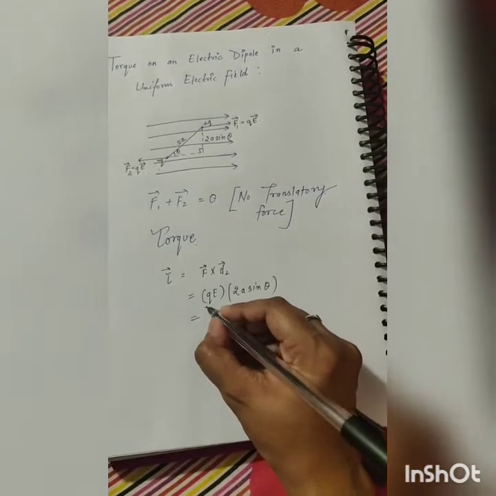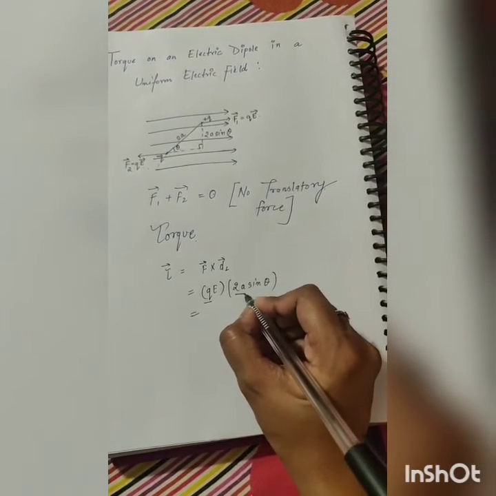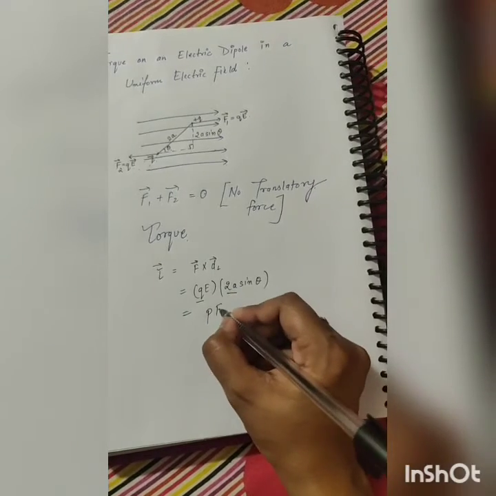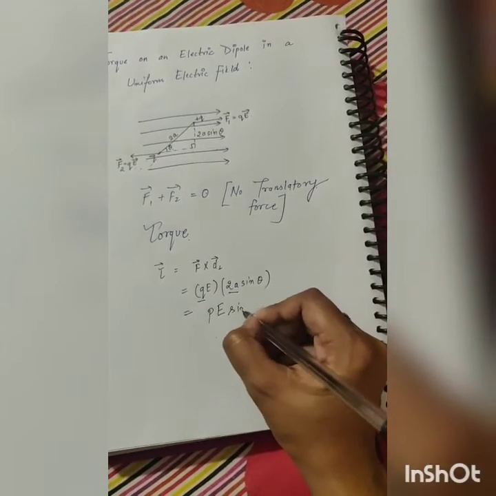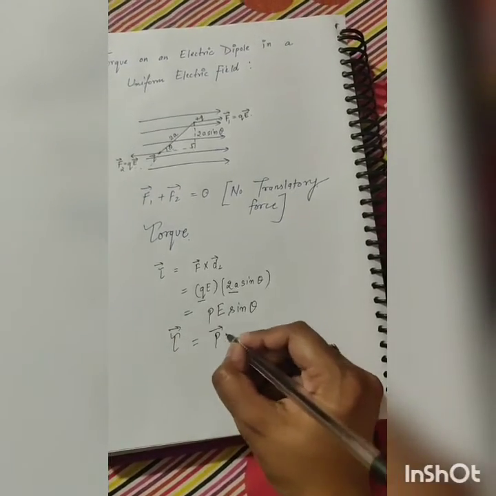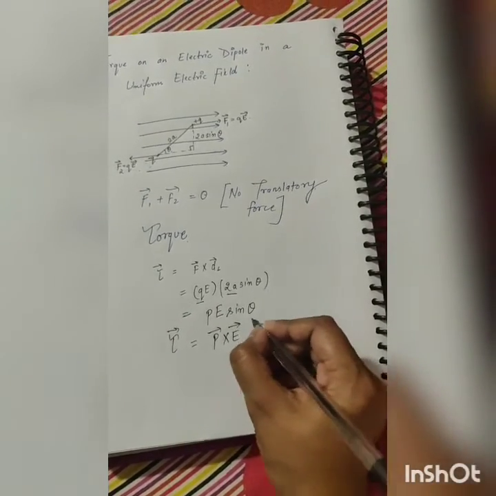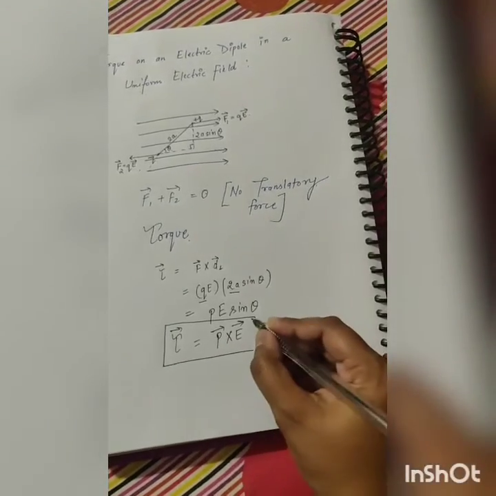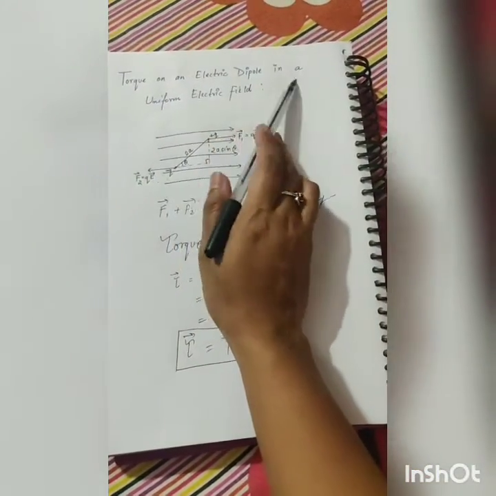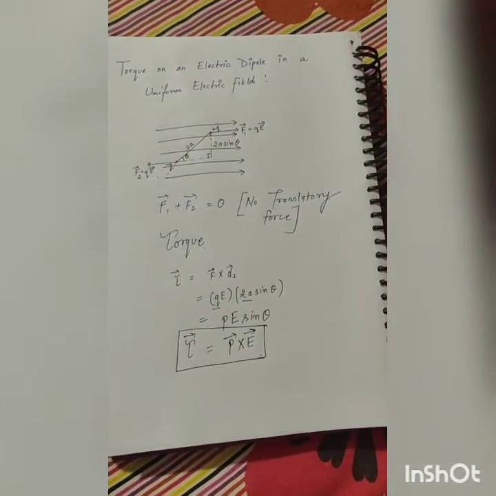Now here q into 2a is nothing but the dipole moment. So this is p, then E sine theta, which can be written as p cross E. So this is the expression for the torque experienced by the electric dipole placed in a uniform electric field.